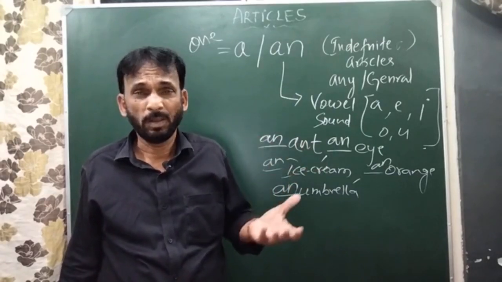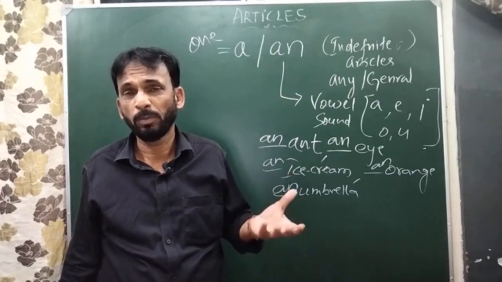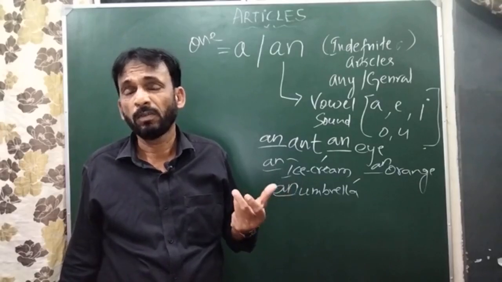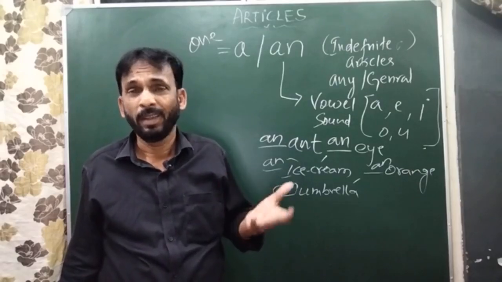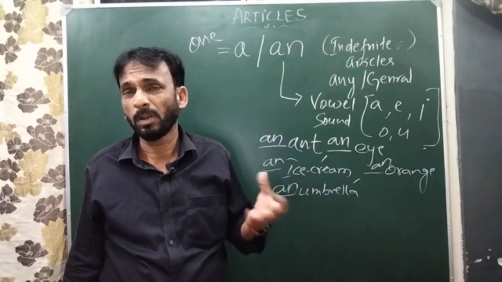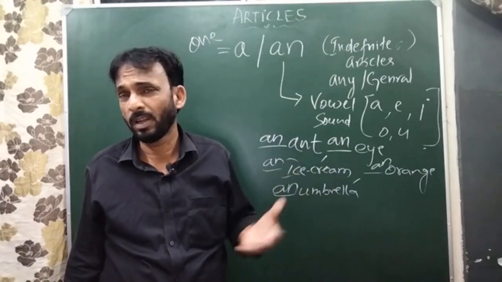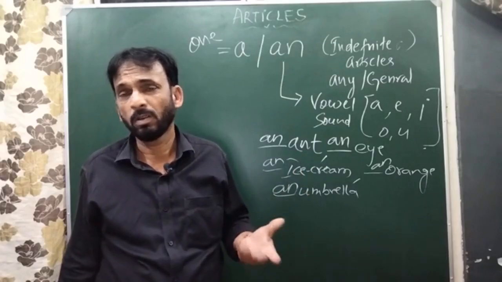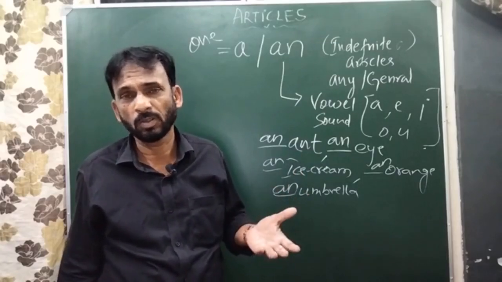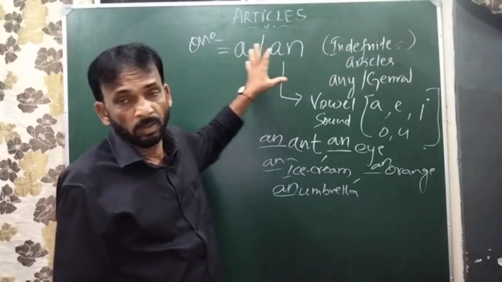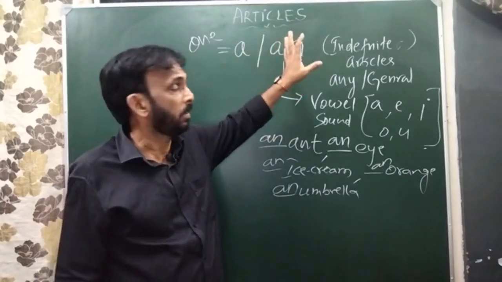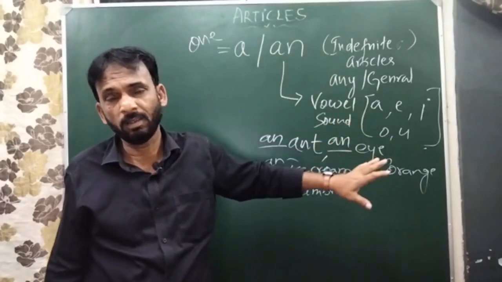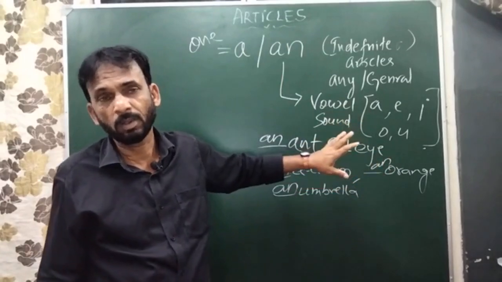For example milk, we can't count one milk, two milk. And abstract nouns, for example knowledge, hate, love, we can't count one love, two love, one hate, two hate. And water, we can't count one water, two water. So all these are uncountable nouns, so we should not use a and an with them. That is the second rule.